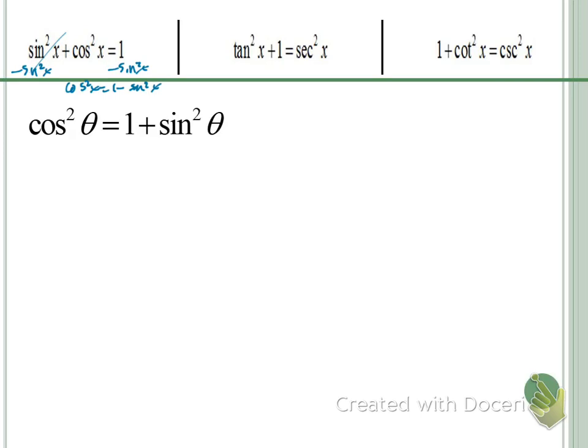I know it's kind of small, but we're going to take 1 minus sine squared and put it in right there. So we get 1 minus sine squared equals 1 plus sine squared. Now, the only trig function that I see that I'm going to try to solve for, which is sine, is being squared. So, get that by itself, right? Add sine squared to both sides.